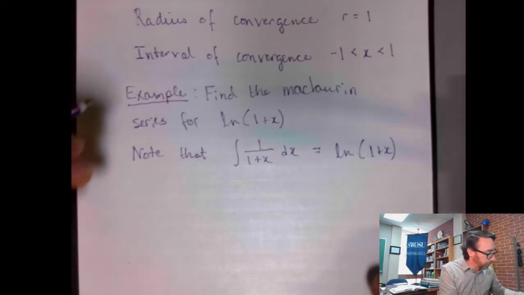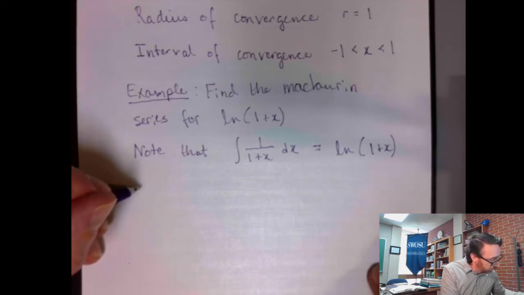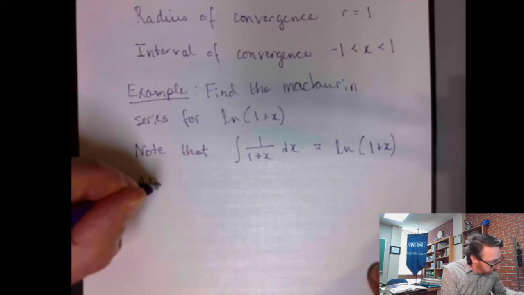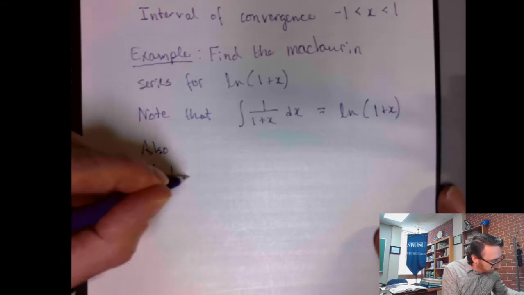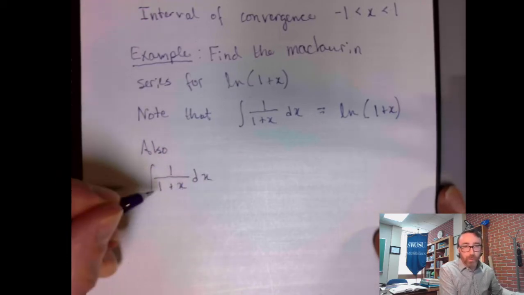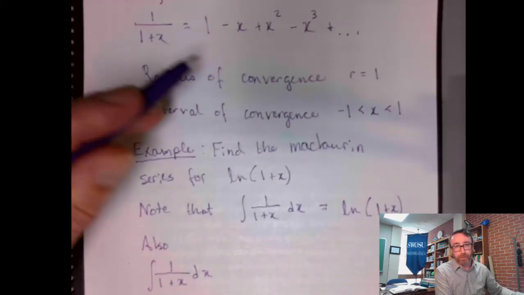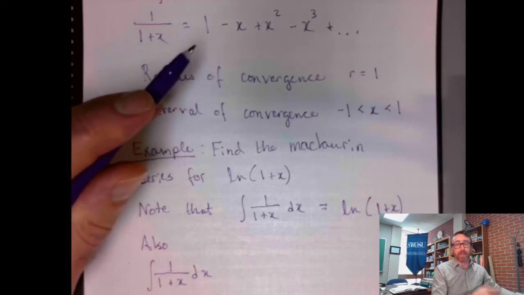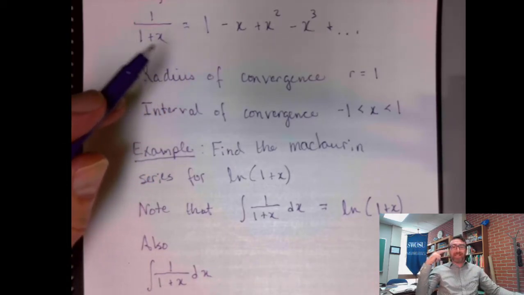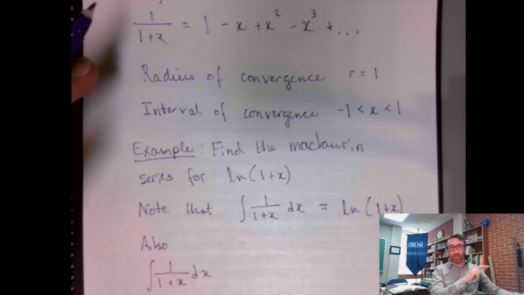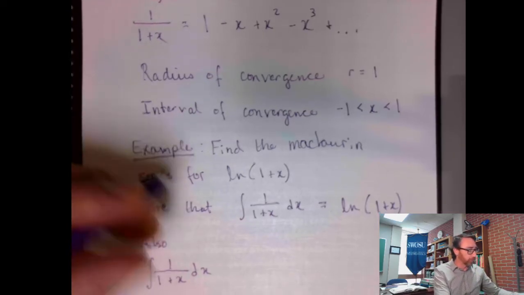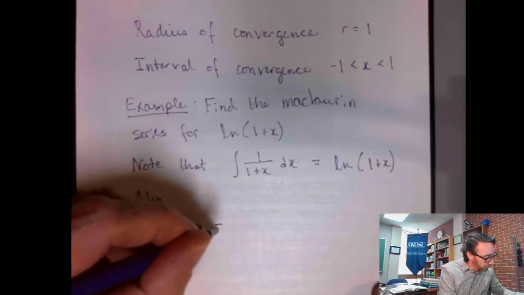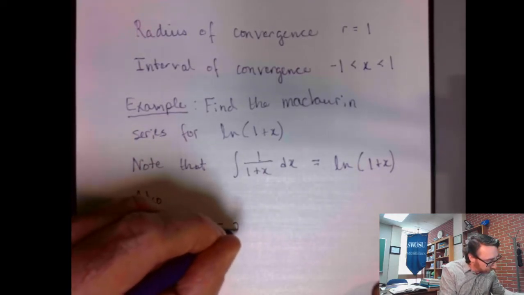So I know the series for 1 over 1 plus x. It's right up here. It's a power series. And powers of x, that's the easiest thing there is to integrate, right? The first rule for integration that you learn in calculus is the power rule. So what I'm going to do is integrate term by term here.